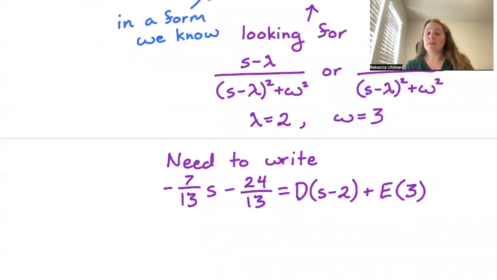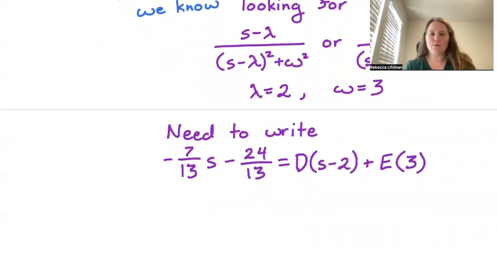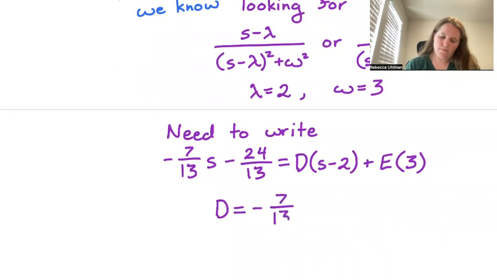So I did d times s minus 2 plus e times 3. So in this case, matching coefficients, we immediately know that d must equal -7/13.